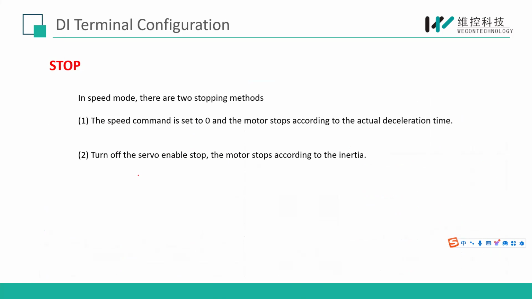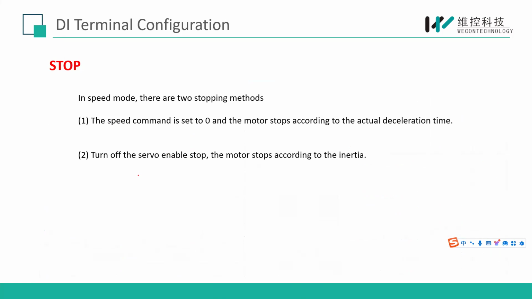Now let's see how to stop. In the speed mode, there are two stopping methods. The first one is the speed command is set to 0, and the motor stops according to the actual deceleration.